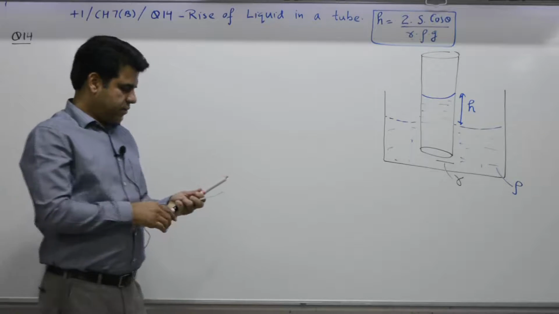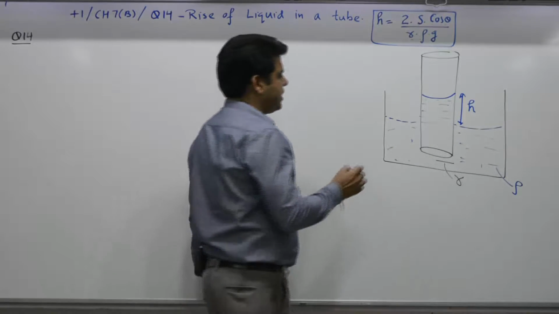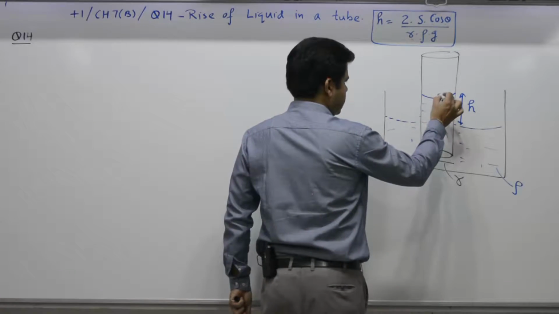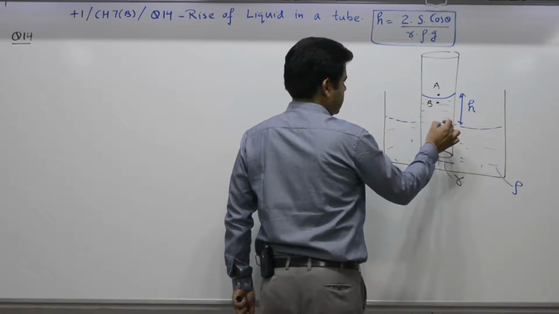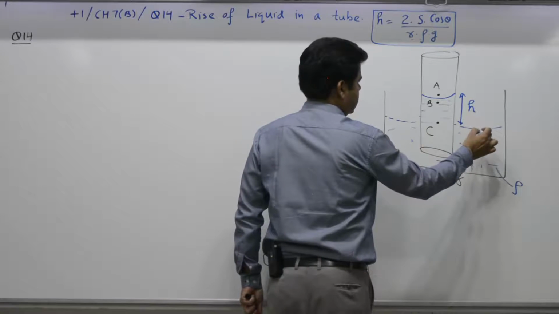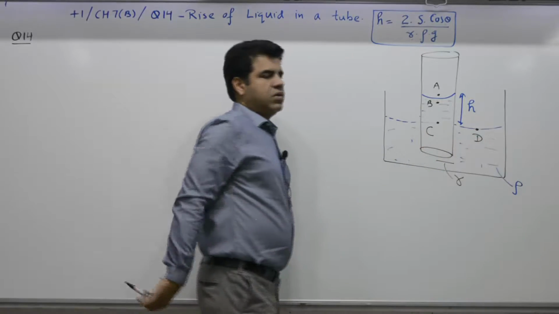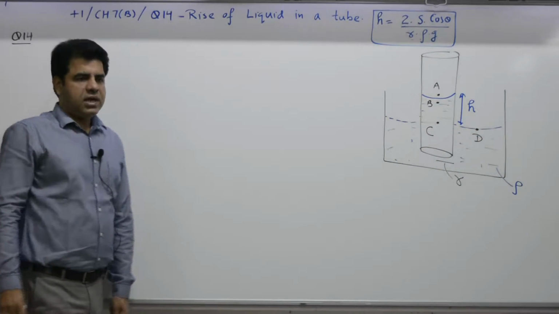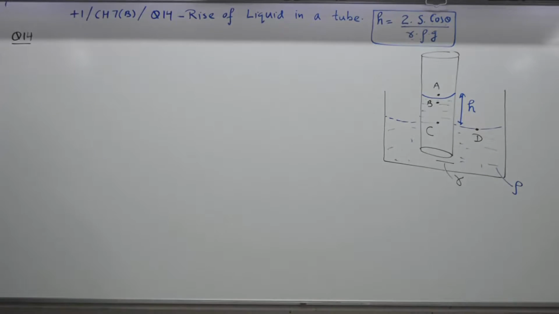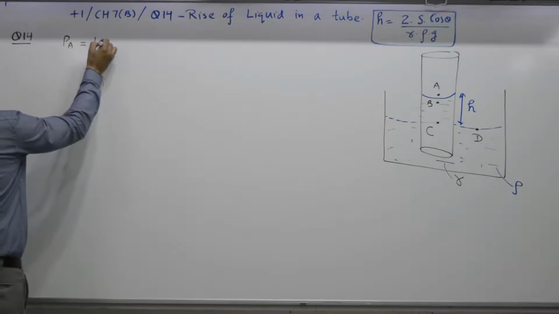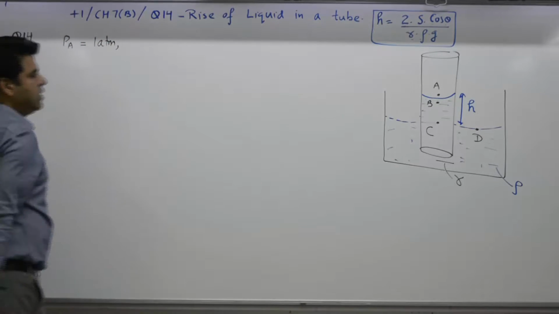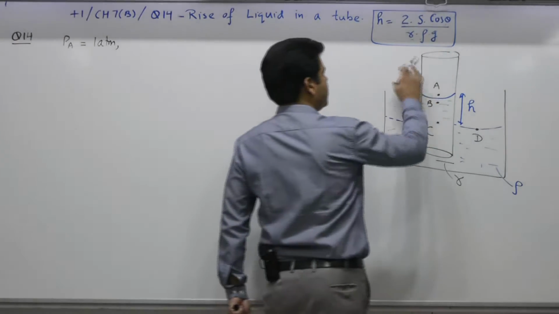Before we do this, we want to find out pressure at various points. Let this point be A, this be B, this point be C, and this point be D. We want to find out pressure at these points. Pressure at A is 1 atmosphere, because this point is open to atmosphere.